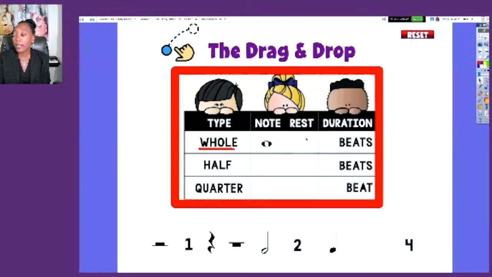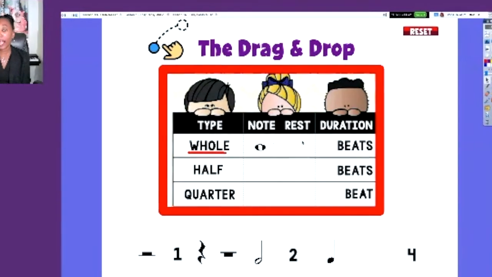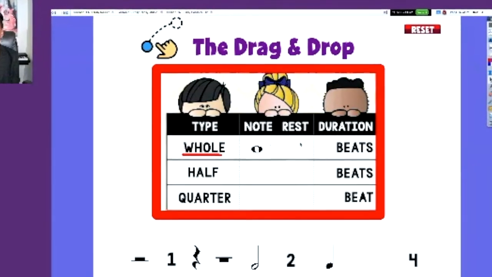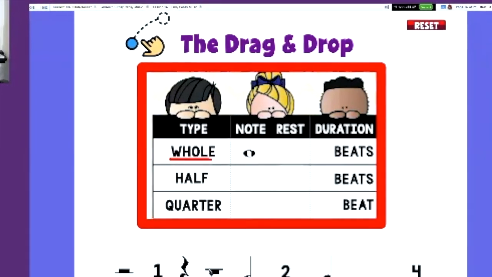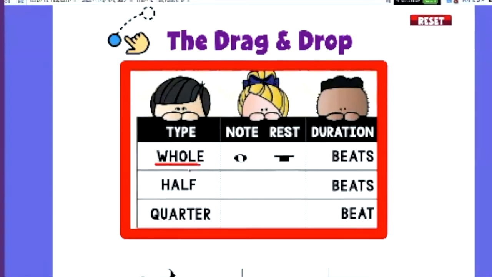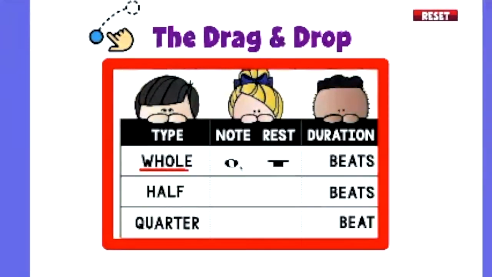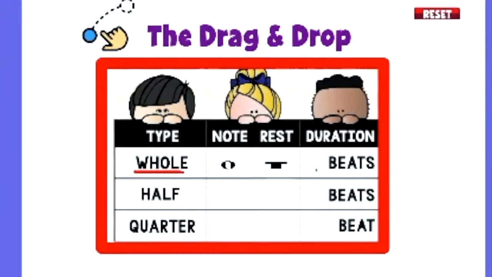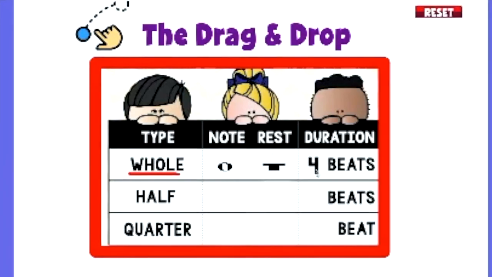The way to remember the whole rest is that it hangs on the fourth line, which makes you think of a hole in the ground. So that must be this symbol here. The whole note and the whole rest get 4 beats. Good job. So I'm going to put my 4 there.